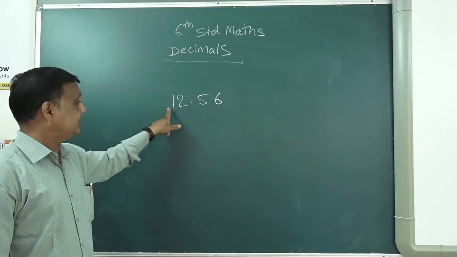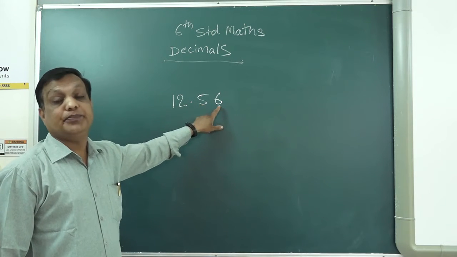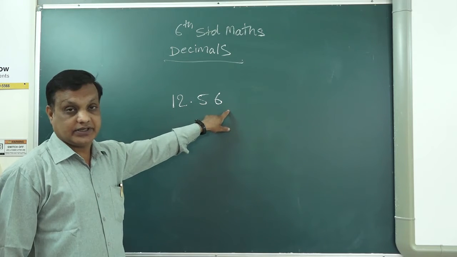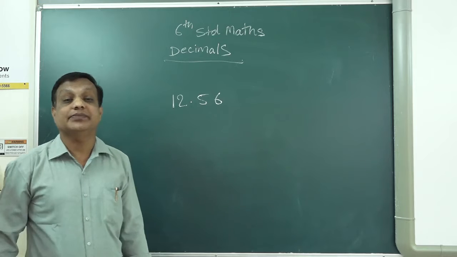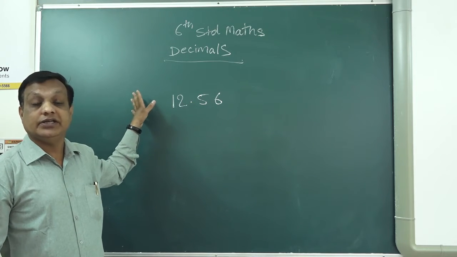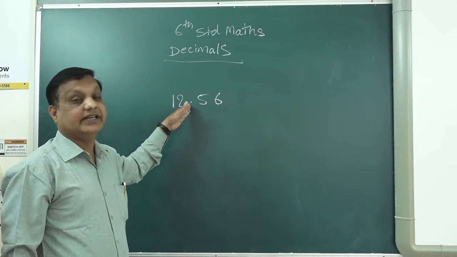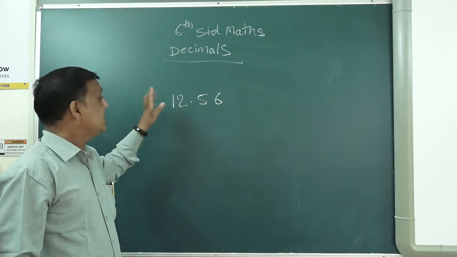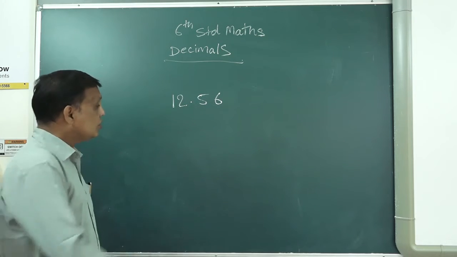We read together like this: 12. Point. This is 5, 6. After the decimal point, you have to read the digits separately. And before the decimal point, you have to read together. How?